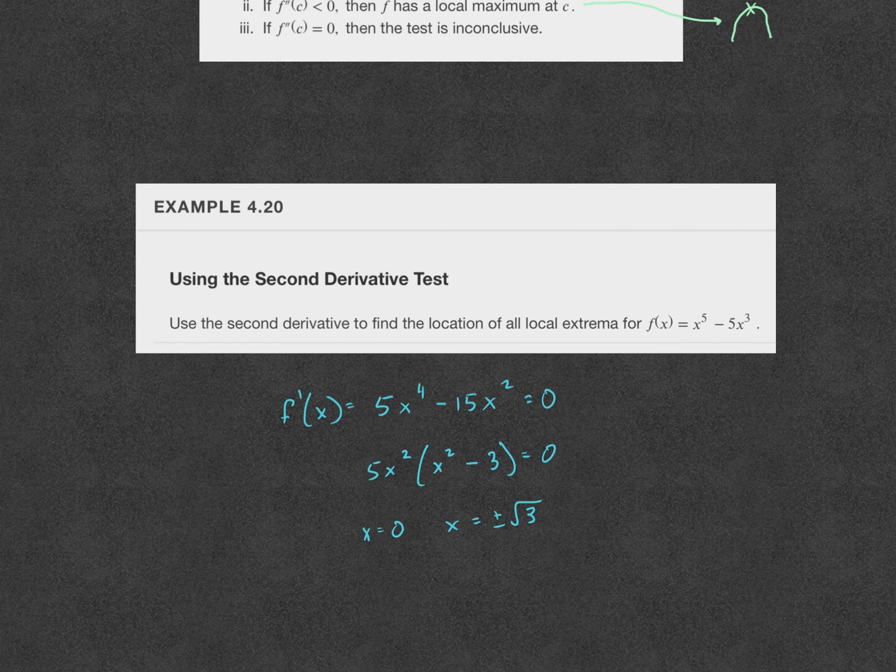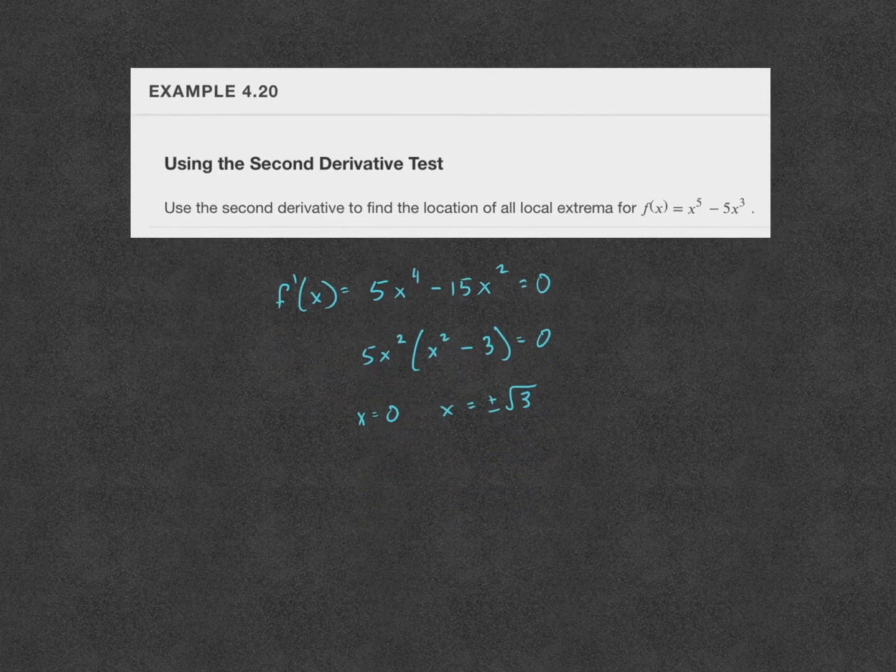So earlier in the section, what we would have done is drawn a number line and then tested on either side of 0 and on either side of those radicals to see whether the function switches from increasing to decreasing or the other way around. But now we can use the second derivative test. So we first need our second derivative, which is f double prime. 5 times 4 is 20x cubed minus 15 times 2 is 30x to the first power.